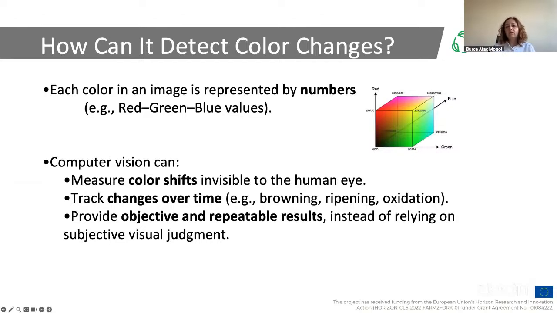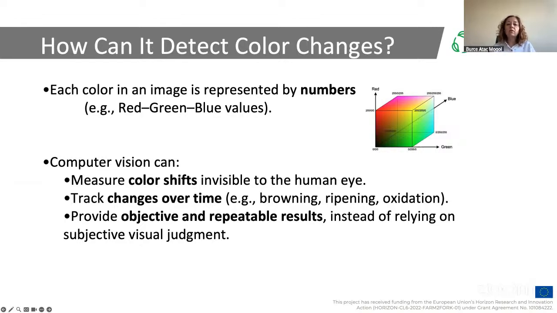How can it detect the color changes? When you take a picture, it has pixels, and all pixels have three-dimensional color values, and most cameras take the picture in an RGB color space, which is red, green, and blue values. So each pixel has one red value, one green value, and one blue value.